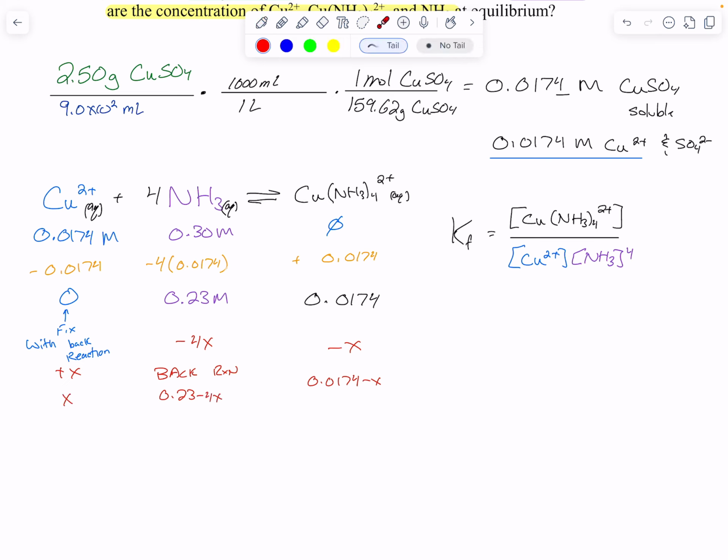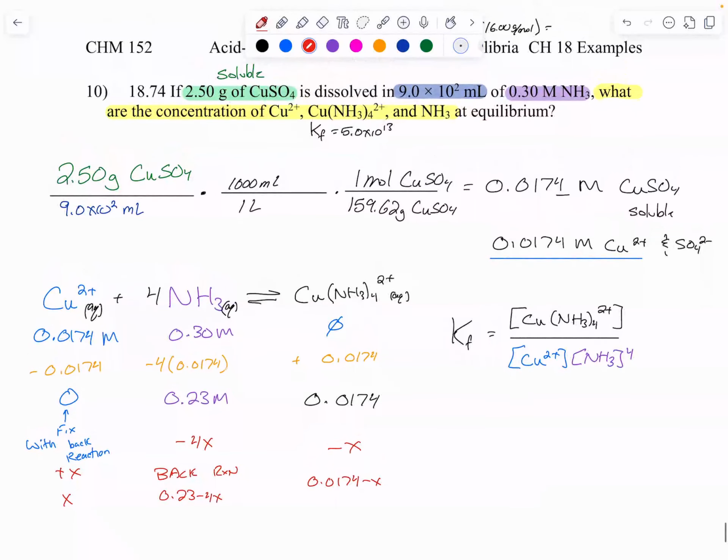Well, let's look at this. Let's go back to the top. So there it is. K is 5 times 10 to the 13th. So that's a 10 to the -2 versus 10 to the 13th, about 14 orders of magnitude difference. So we can approximate that change, and the same thing with the complex ion.